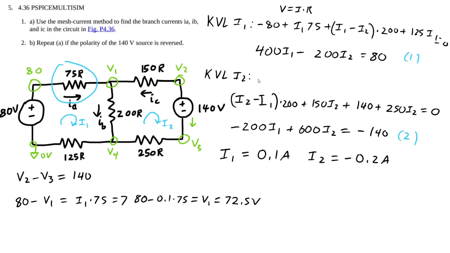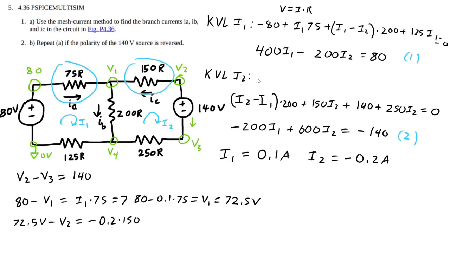And then we can do the same process to find V2 because we know V1 now. So let's consider the 150 ohm resistor. I2 is going to be V1 minus V2, so 72.5 volts minus V2 equals negative 0.2, which is I2 times 150.